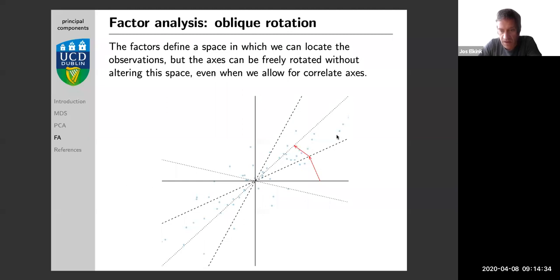We already had, for example, for this point that it scores here on one factor and here on the other factor. And then we can rotate the factors. And if we allow for this non-orthogonal rotation, then you end up with one that has a position on one axis here and one on another position here. Yeah? So this was a straight angle, but this is not at all a straight angle. So we allow correlated factors, and sometimes that can help for interpretation.